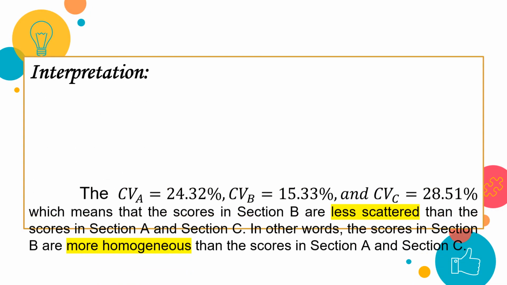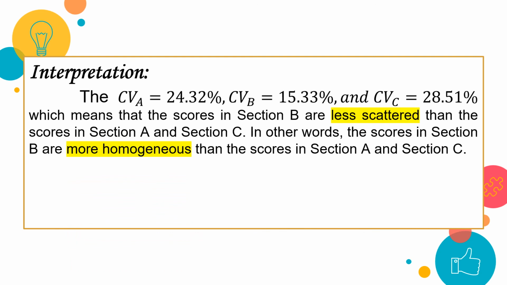So accordingly, the coefficient of variation of section A is equal to 24.32%, the coefficient of variation for section B is 15.33%, and 28.51% for section C, which means that the scores in section B are less scattered.